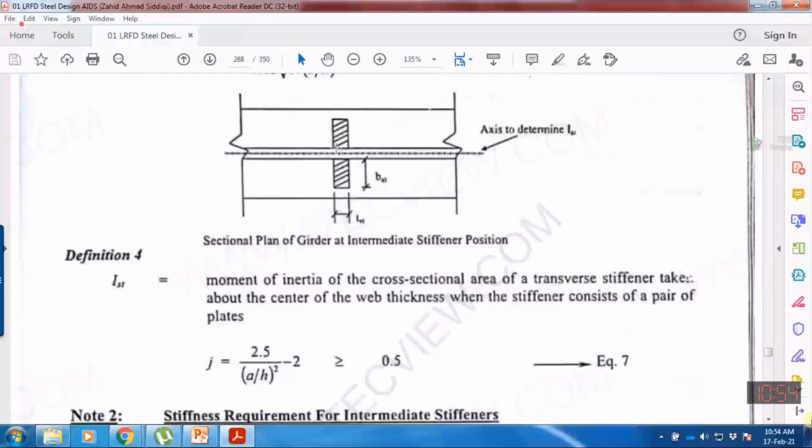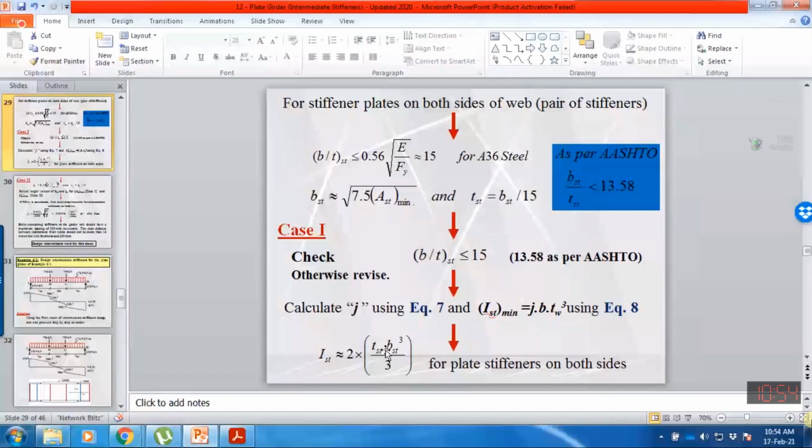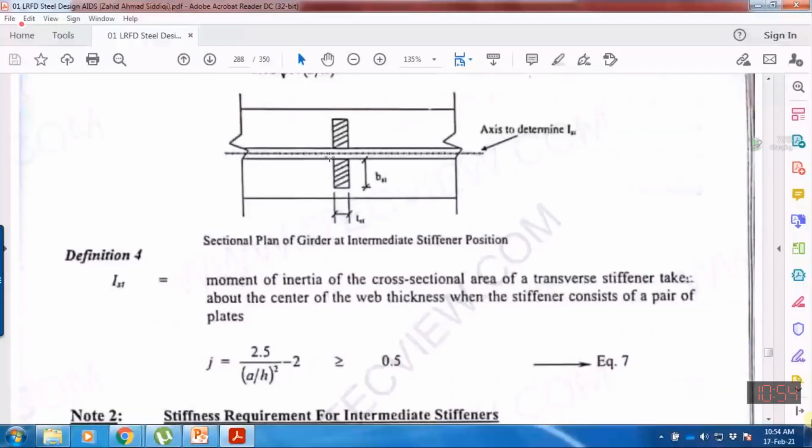So if there are two stiffeners, we need to multiply it by 2 because we also need to compute the moment of inertia of this stiffener about this center line, about its base. So t b cubed divided by 3 is the moment of inertia of one stiffener about the center line, or about its base. If we are computing about its own centroid, then that will be t b cubed divided by 12.